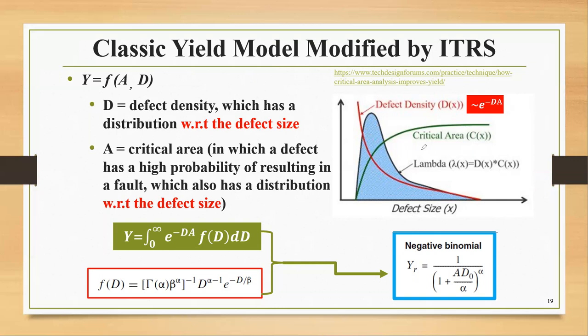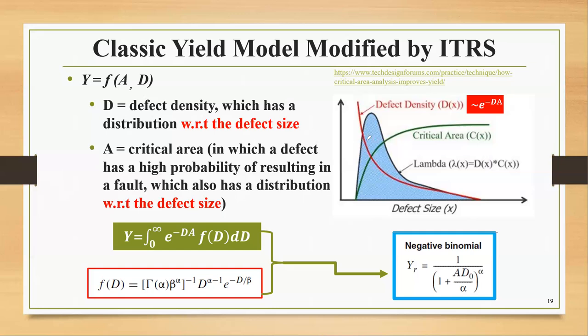This is also very intuitively correct, because the critical area will be very small if the defect size is very small. If the defect size is very large, say a supersized one, then you're going to kill that die no matter what, right? So if the defect size here you already kill, then the larger defect size is killing the same die, so it's saturated. So these two trends are very different.